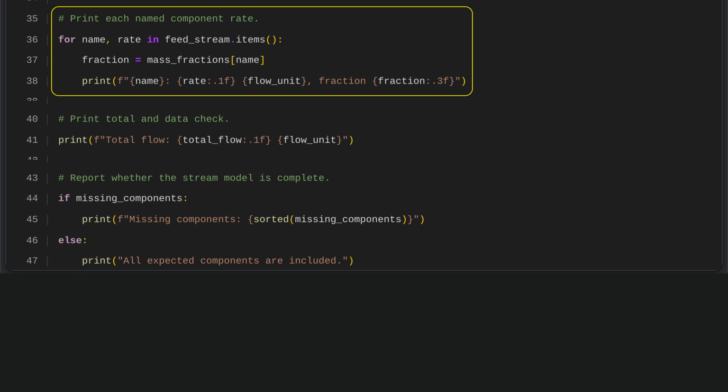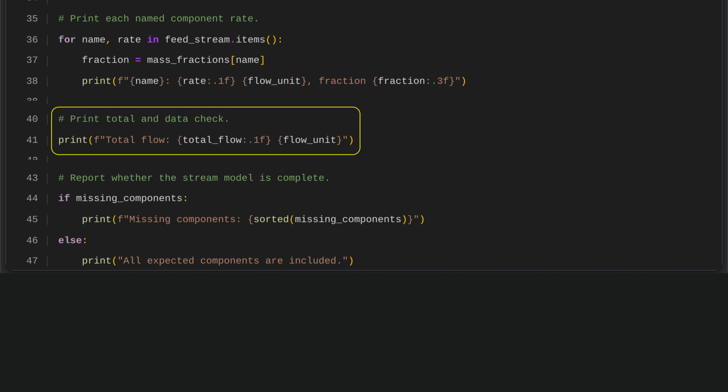The process reviews each component in the feed stream, using its name and flow rate to find its mass fraction. It then reports a concise summary showing the component name, rounded flow rate with units, and rounded mass fraction. This gives a clear view of how each component contributes to the total flow.